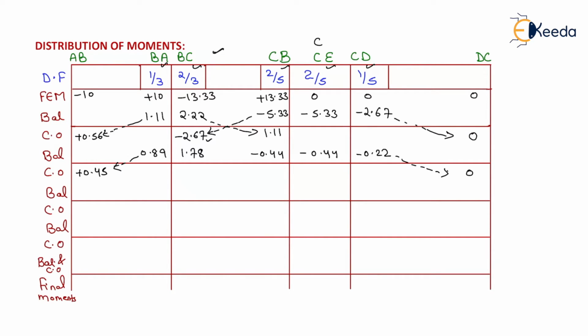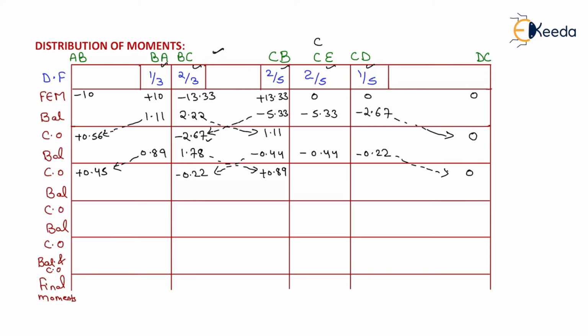Now the carryover of BC will be given to CB, and of CB will be given to BC, and it will be half of the magnitude, so it will be equal to minus 0.22 at BC, and at CB it will be equal to plus 0.89.